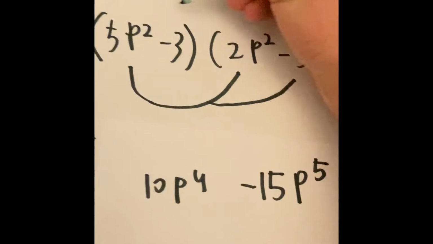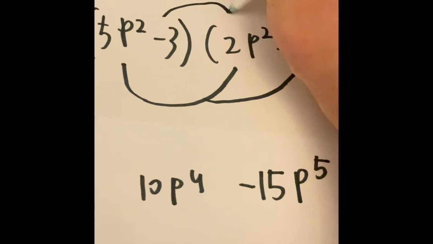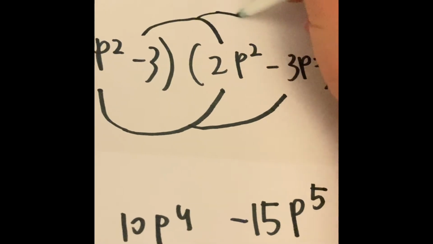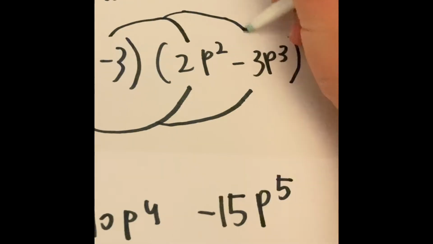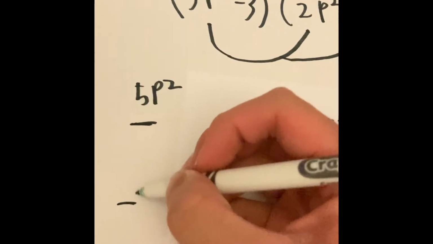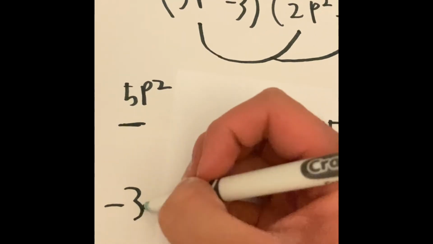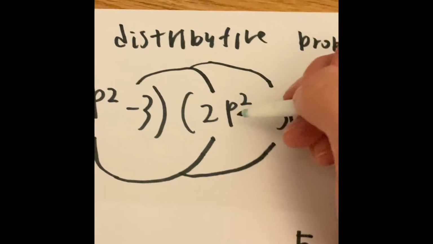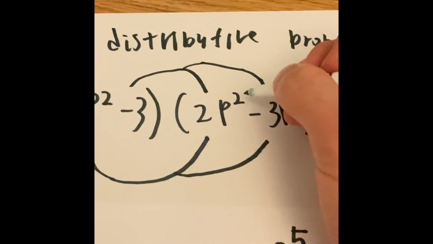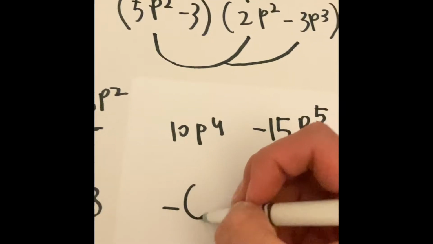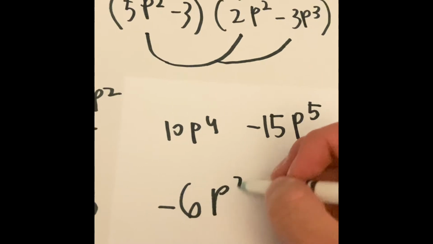Now, we have to do negative 3 multiplied by 2p squared, and negative 3 multiplied by negative 3p cubed. So for our next expression, we have negative 3 as our lead number. Negative 3 multiplied by 2p squared is going to equal negative 6p squared.